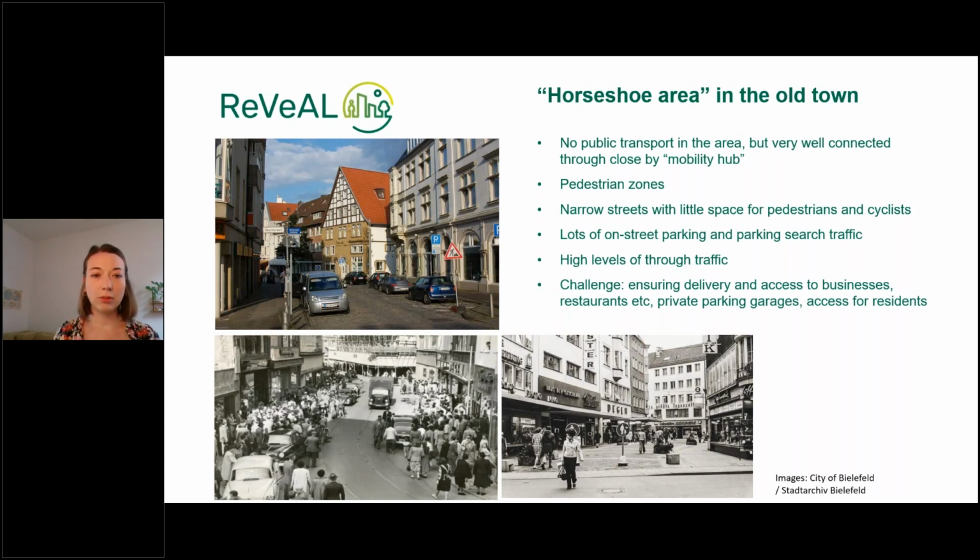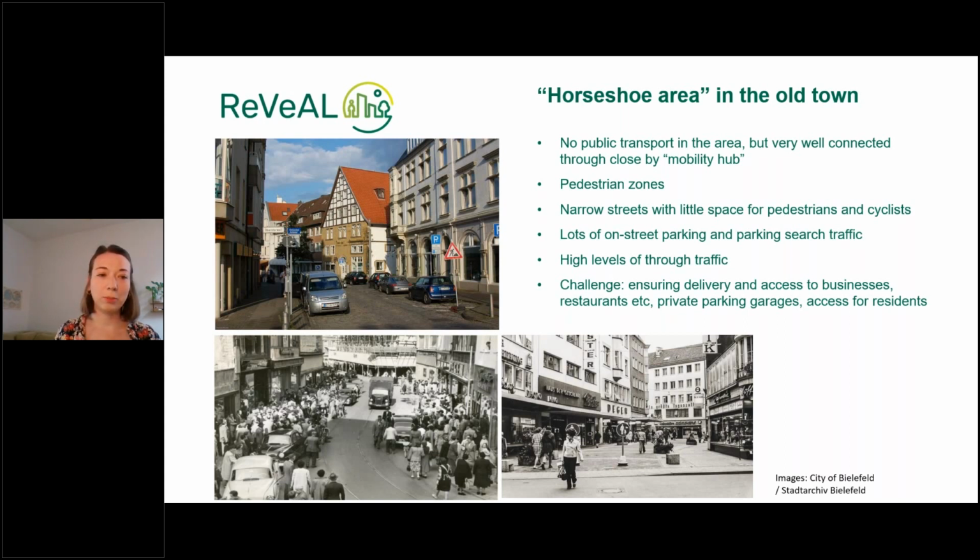We have pedestrian zones in the area, a lot of shopping streets. It has very typical narrow streets with little space for pedestrians and cyclists in other areas, as you can see on the top picture. There's lots of on-street parking and parking search traffic. We have high levels of through traffic in this area. And when we talk about UVAR, challenges are definitely to ensure the delivery and access for businesses and restaurants, because we have the little shopping streets in the area, the access to the private parking garages, and also the access for residents.